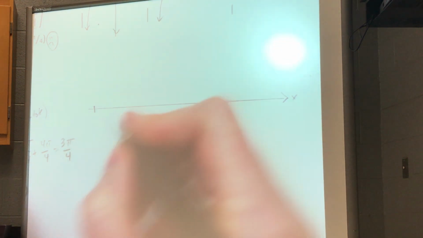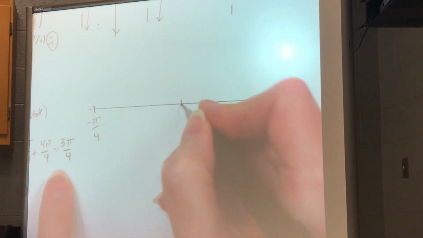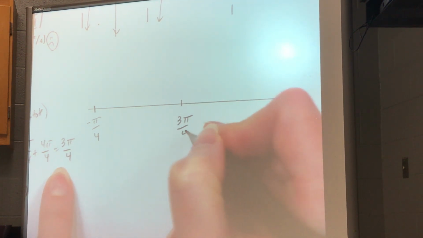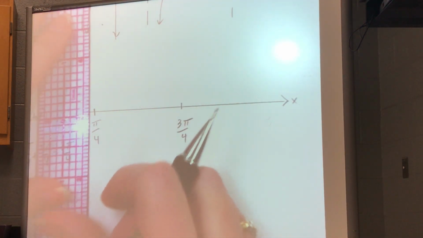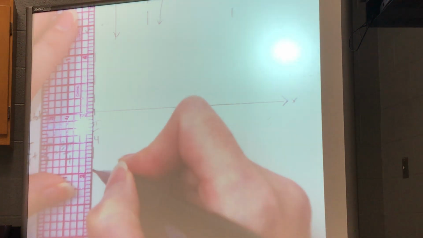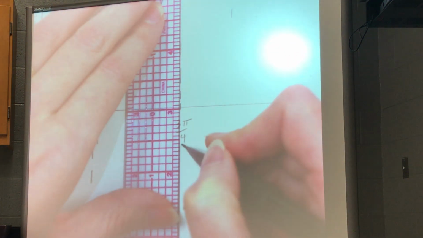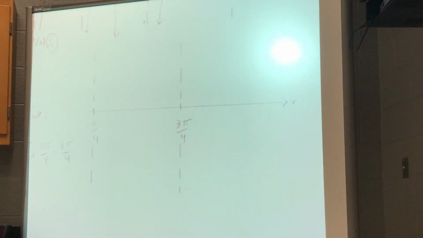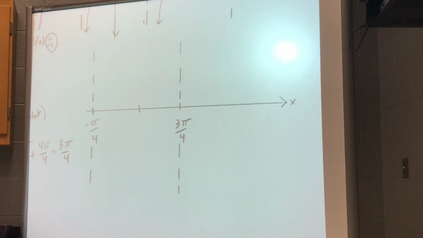So I'm going to put my starting point here, my ending point in the middle. And I know those are going to be vertical asymptotes. I also know that directly in the middle of those is going to be my x-intercept.